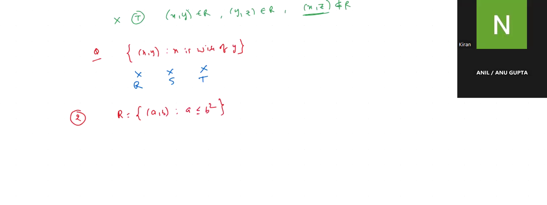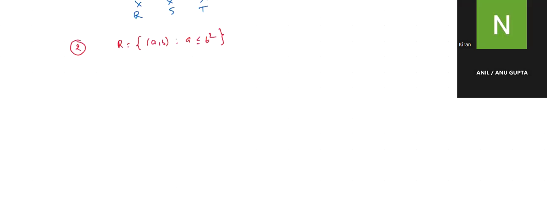Reflexive. Let's check whether it is reflexive or not. Take (A, A) belongs to R. That implies basically A is less than or equal to A square. Is it true?